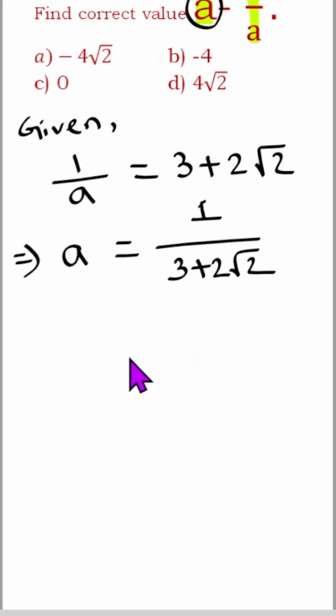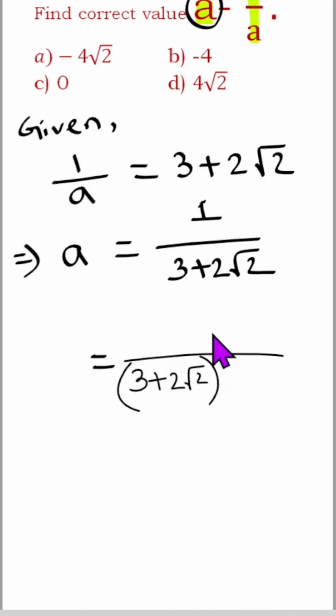But in the denominator we cannot keep any root sign, therefore we multiply this fraction by 3 minus 2 root 2, both numerator and denominator.